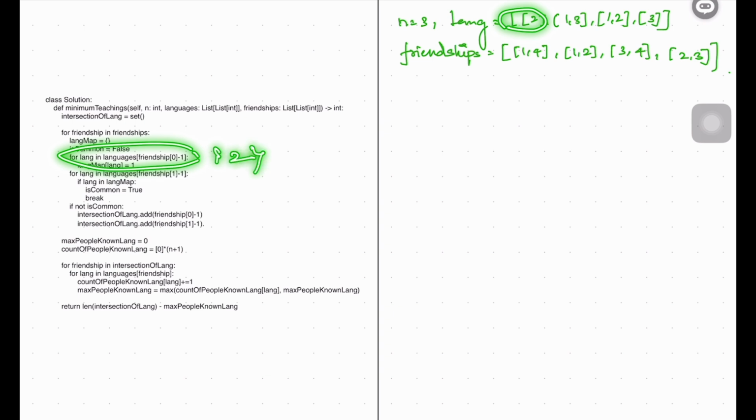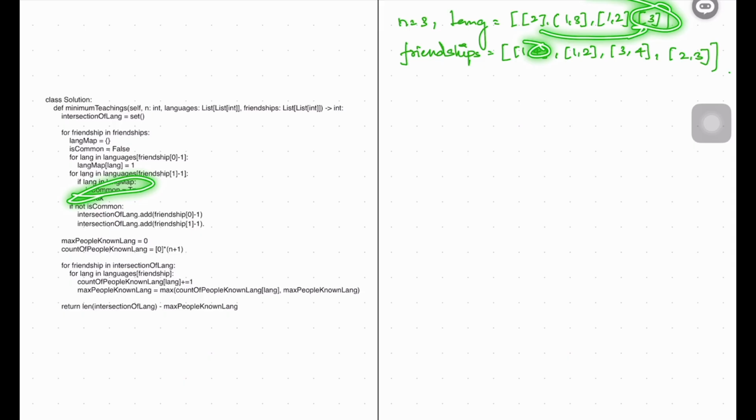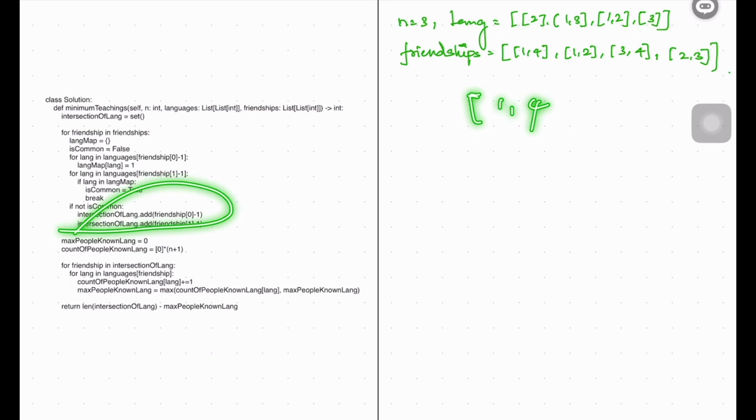Then if a language is present for the second person as well, then a common language is there, they can already communicate, you don't need to make them learn anything, right? If not common, then we will be adding them to the intersection set, because they don't know anything in common. So now we will be adding 1 comma 4 to the set. Okay, it is a set.